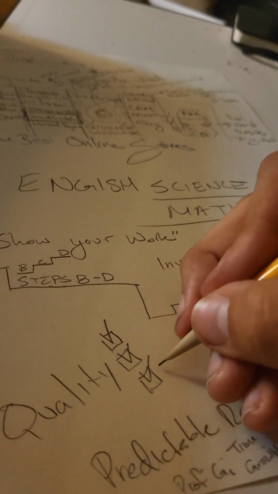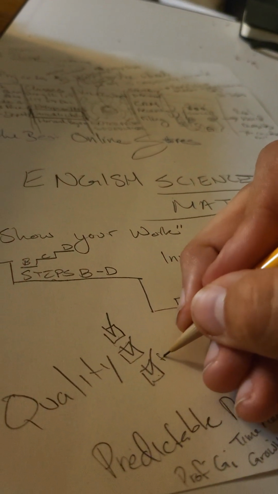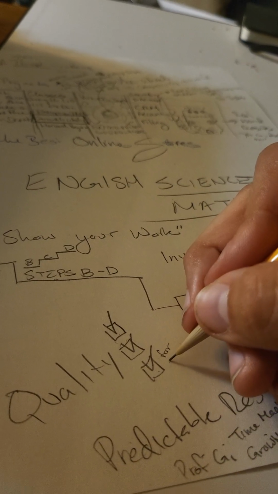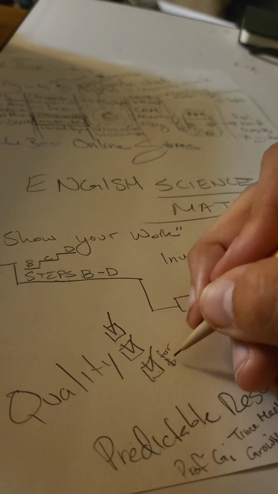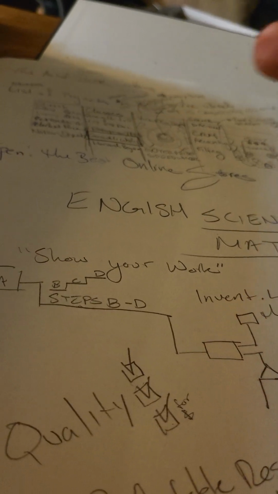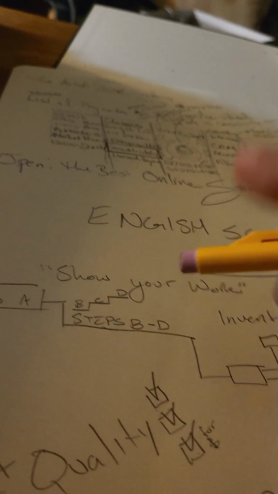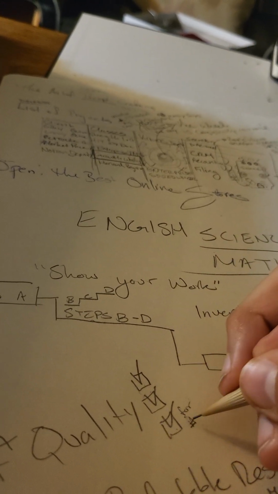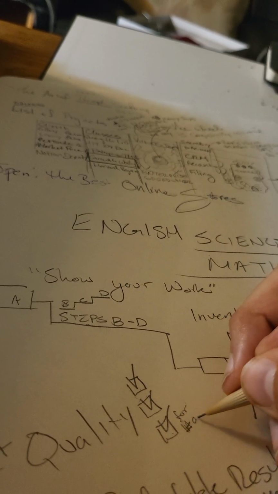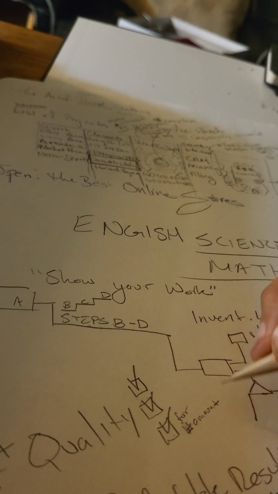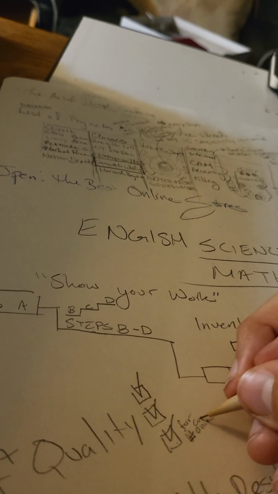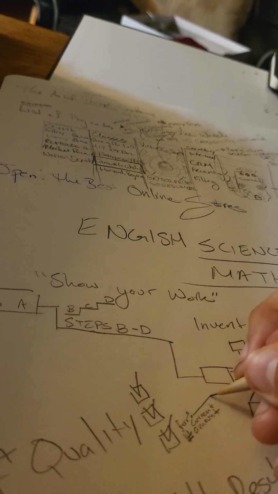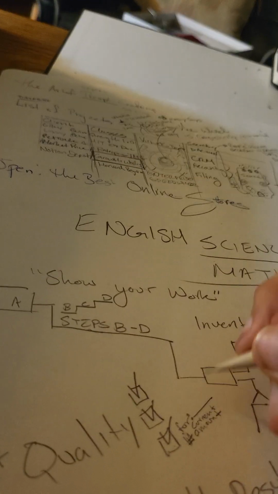So you have a check that says "for," and you have an amount, so a number, or a currency. For is usually what is it for?